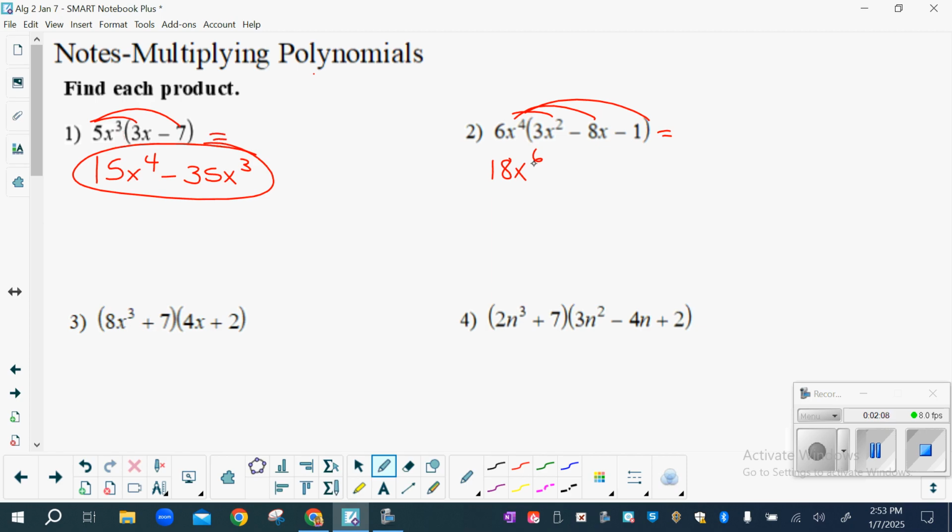And then minus. Oh, 48x. 48x to the. Yes, good. And then minus 6x to the 4th. I like this a lot.